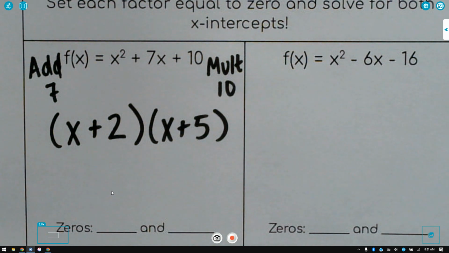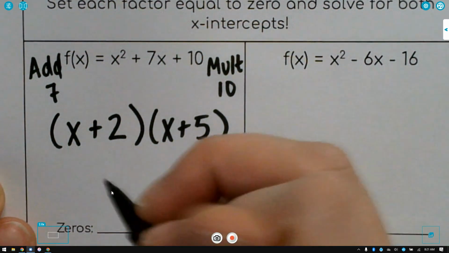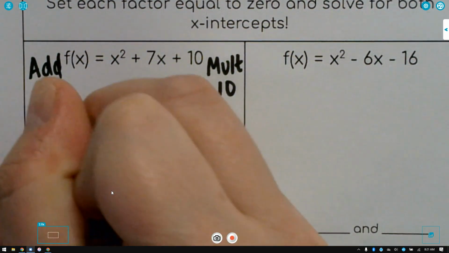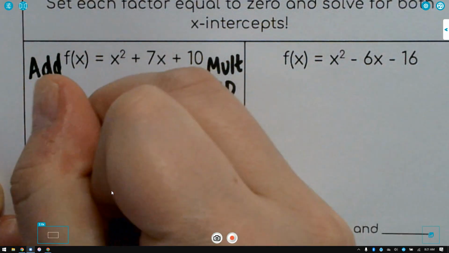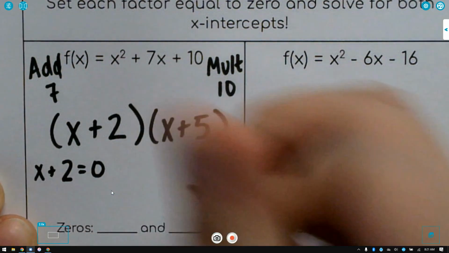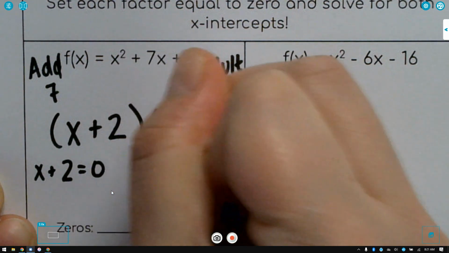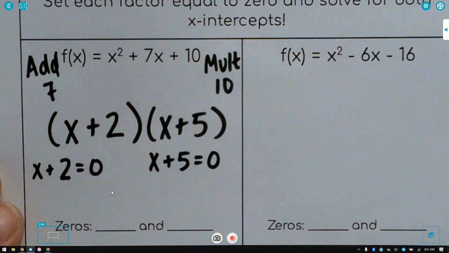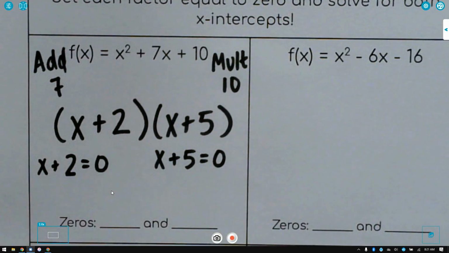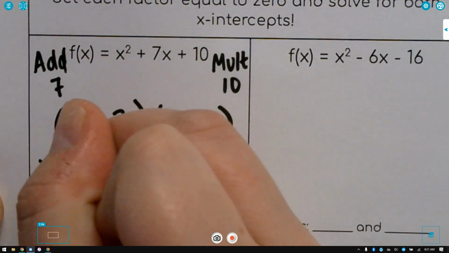From there, I still need to solve to find my zeros. So what I'm going to do is I'm going to take each of those factors, so x plus 2, I'm going to set that equal to 0. I'm going to take x plus 5, set that equal to 0. And then I get to solve both of these. So x plus 2, when x plus 2 equals 0, I would subtract 2 from both sides.